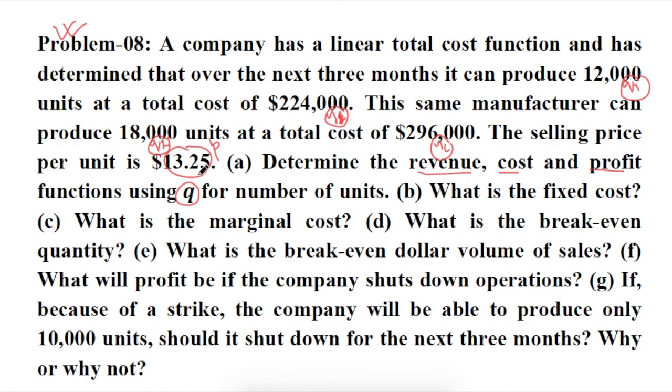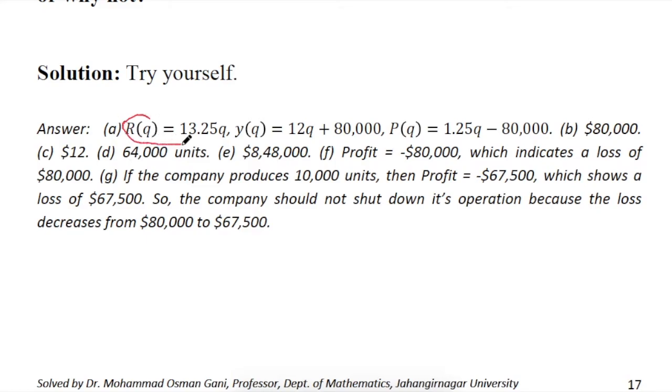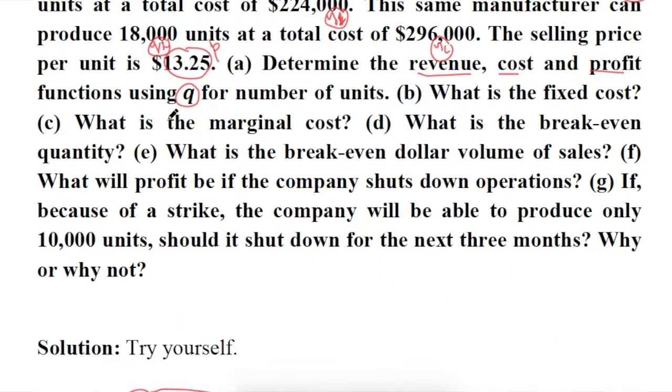So the revenue function will be 13.25, price, into quantity, 13.25 into Q, it makes sense.